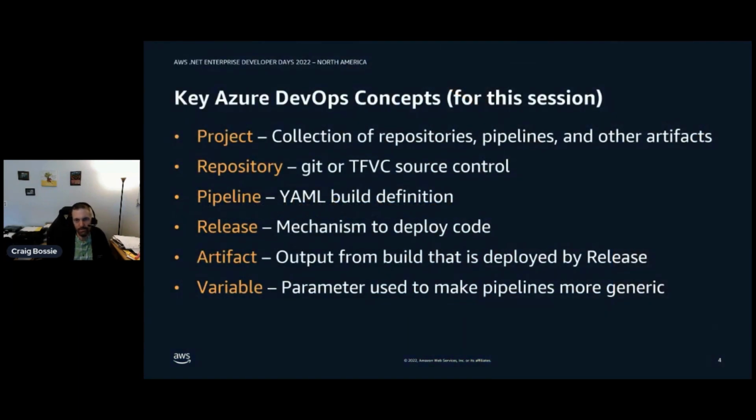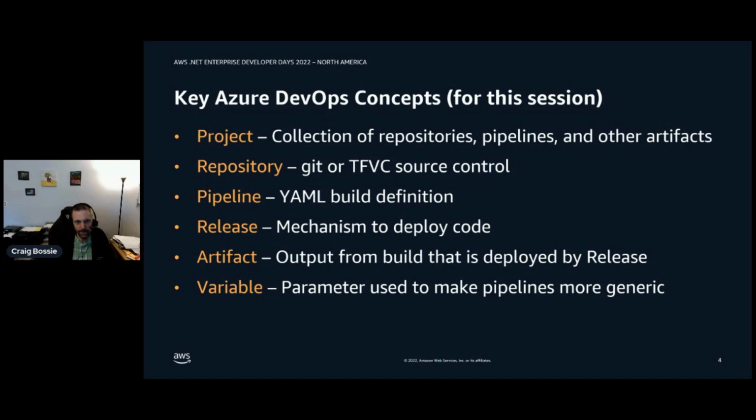For those of you that aren't proficient in Azure DevOps, I just wanted to introduce you to a few key concepts that we're going to be using during this session. A project in Azure DevOps provides teams with a place to store code, plan and track progress, collaborate on building software, and other things like that.